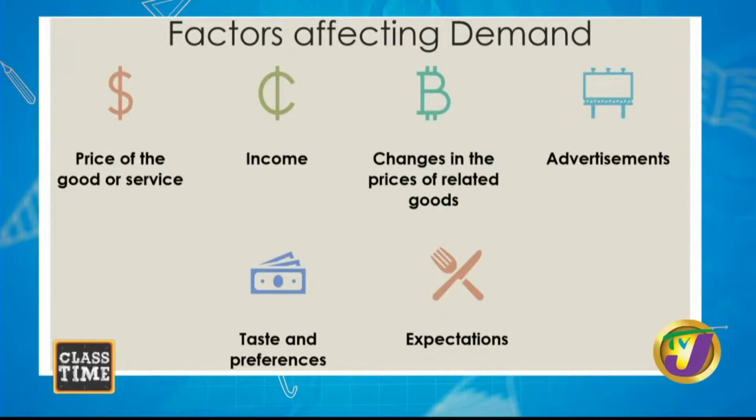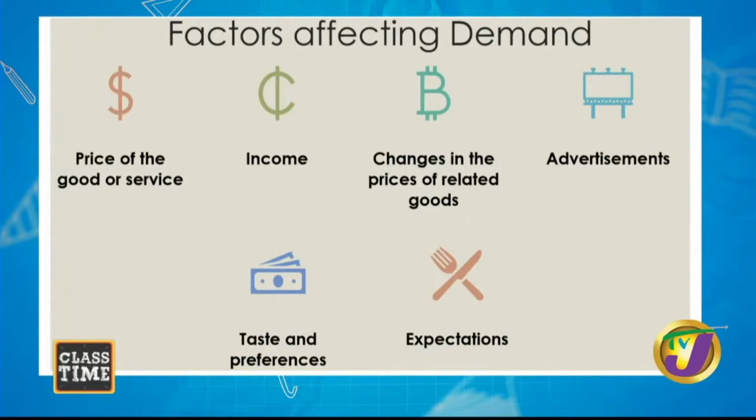But the flip side, if you have a reduction in your income, you maybe buy less of the items, or you maybe buy a substitute that is cheaper at that price point. So we look at how income impacts the basics. Now we look at the price of goods and services. As we said before, once the price for items increases, the demand for these items would actually be reduced.